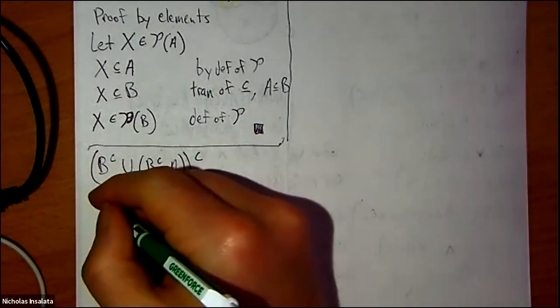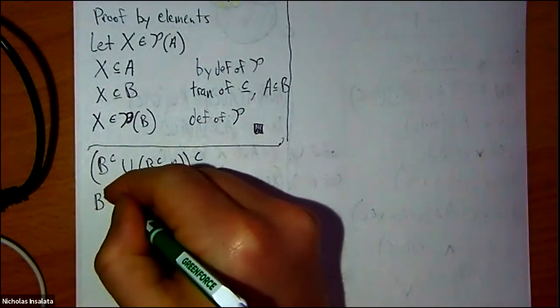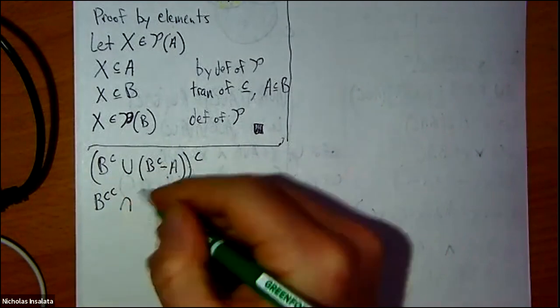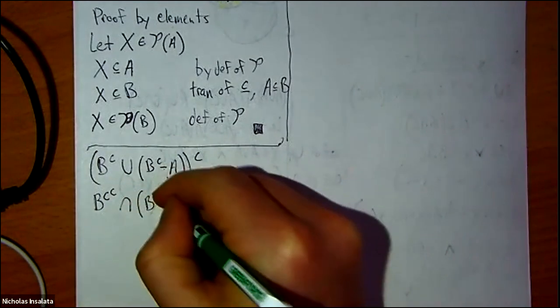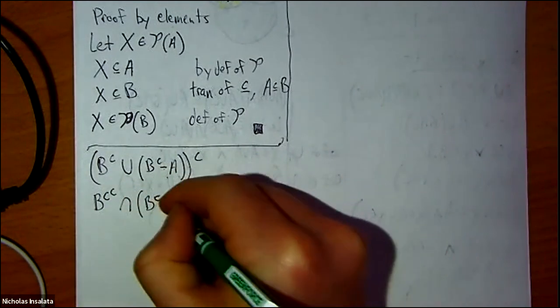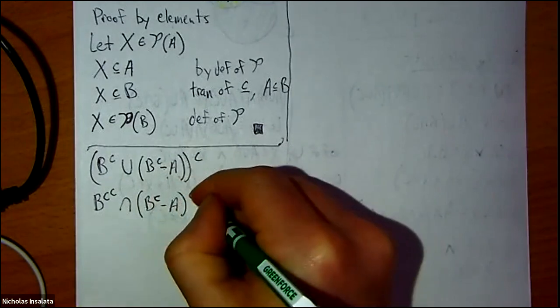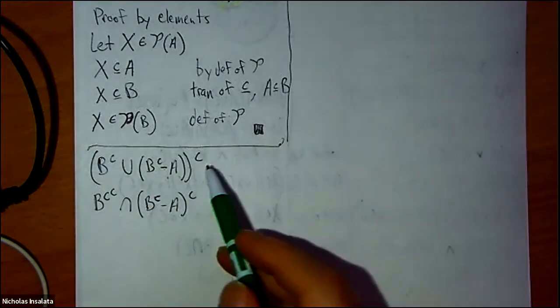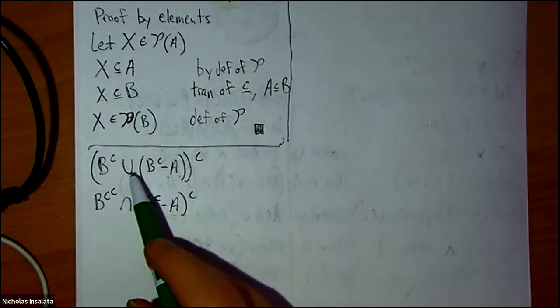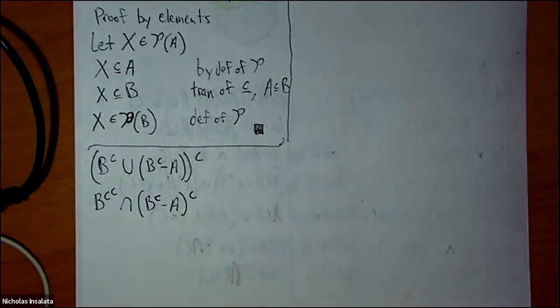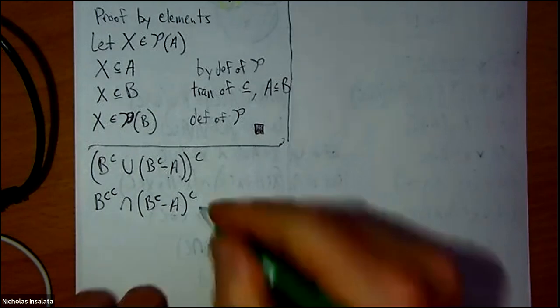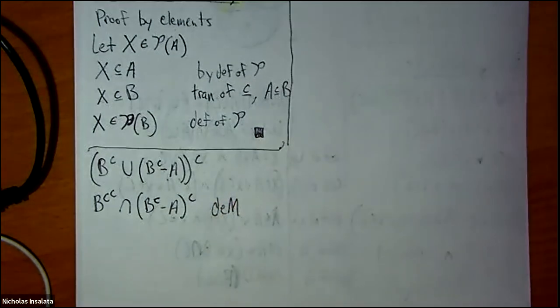So I'm going to have B complement complement intersect B complement complement minus A quantity complement, right? I distribute the complement to both sides of the union and change it to an intersection. That's by De Morgan's. Okay, what should I do next?